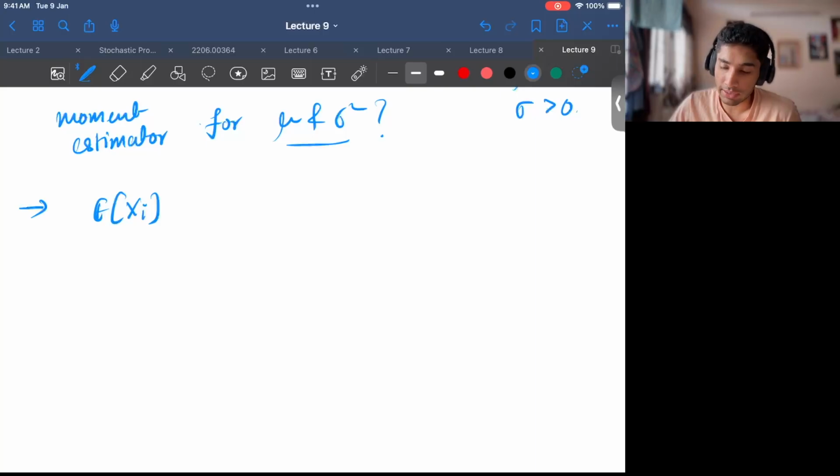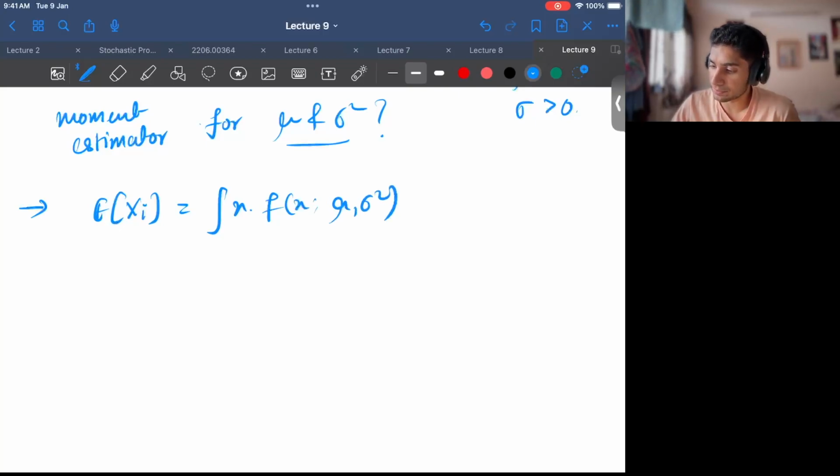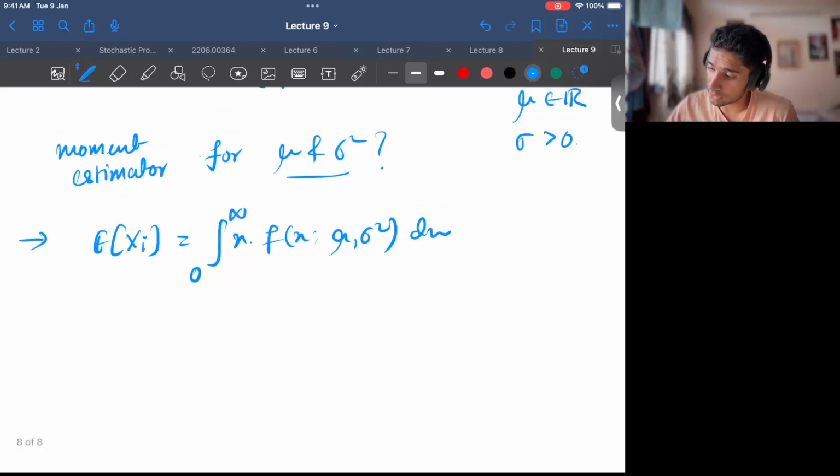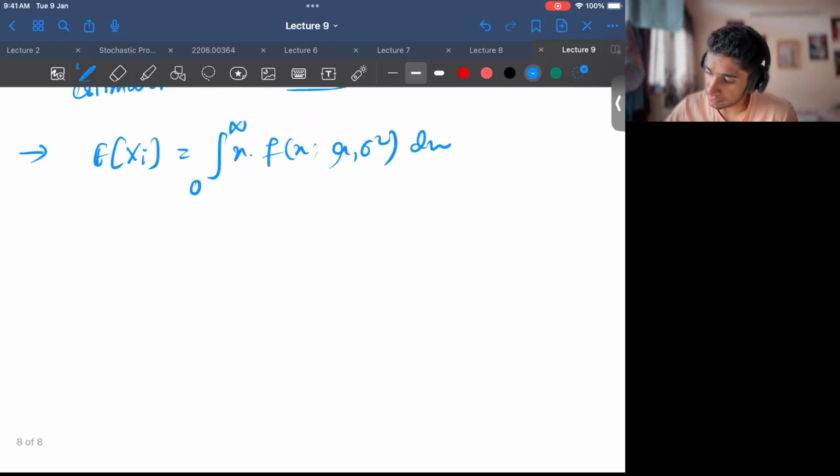So the expected value of xi will be given by the integral of x f of x, mu comma sigma square, dx. Remember that the integral will go from 0 to infinity because x is greater than 0.